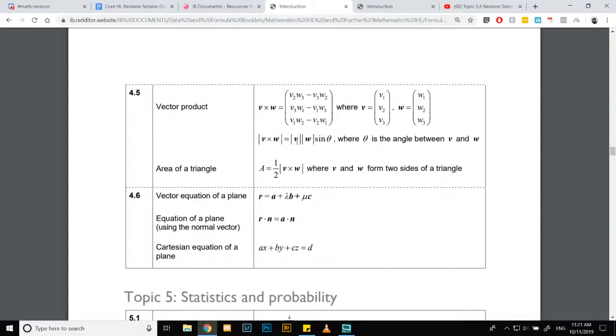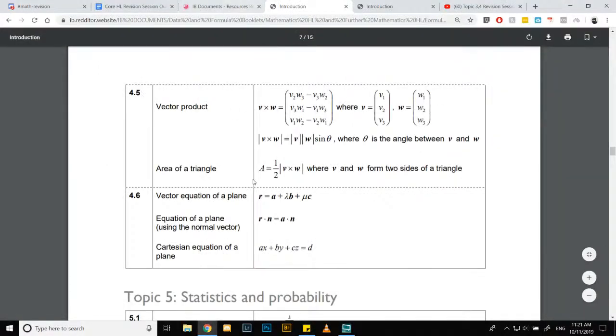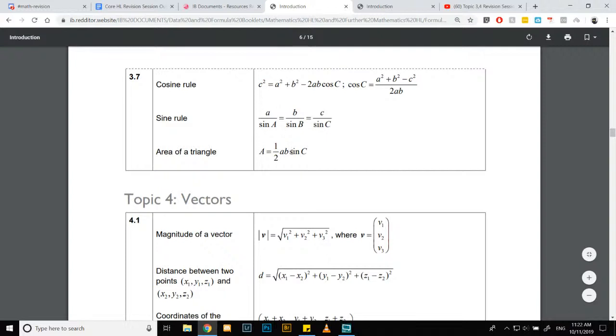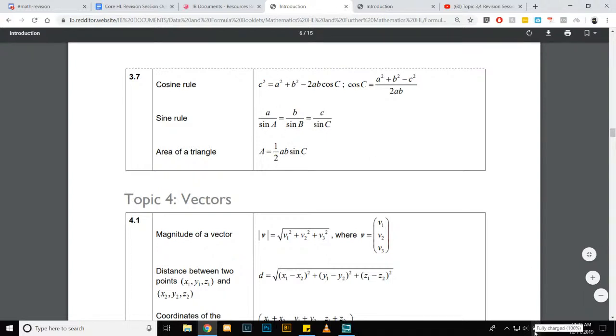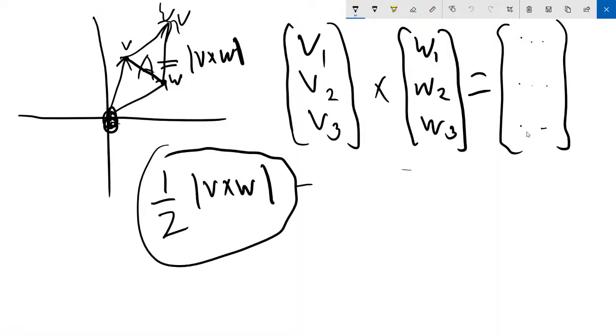Actually, I'm going to discuss why this is true. I think I already have it open. So this little thing is the area of the triangle V and W. Notice that earlier I said this is also the area of the triangle with V and W. So the area is also equal to half V W sine theta.